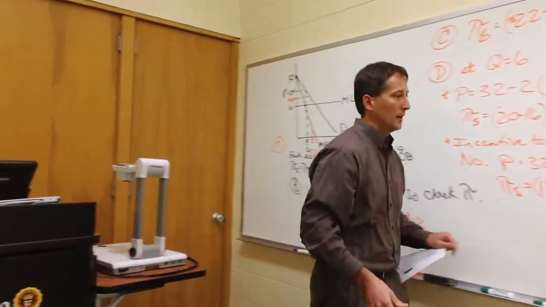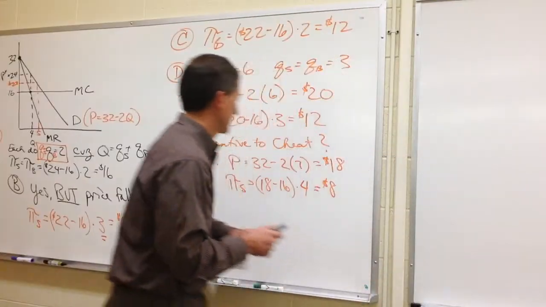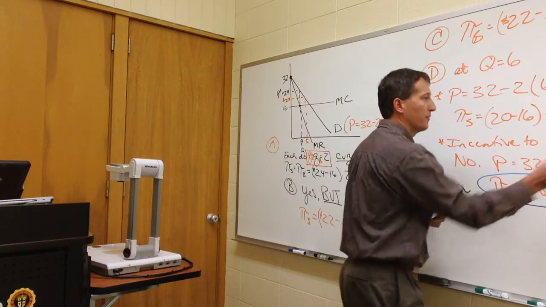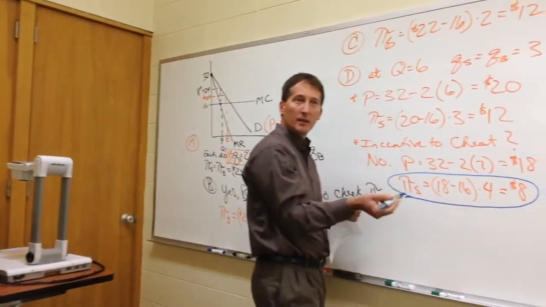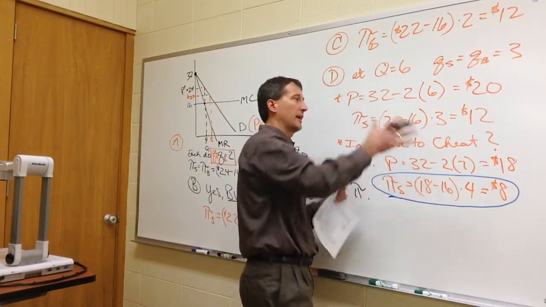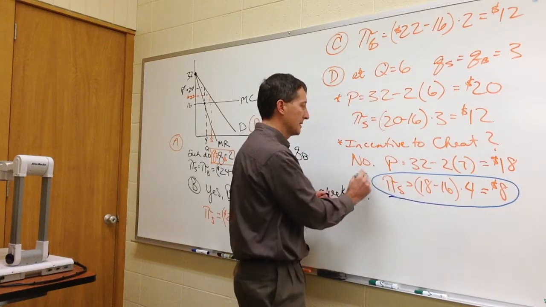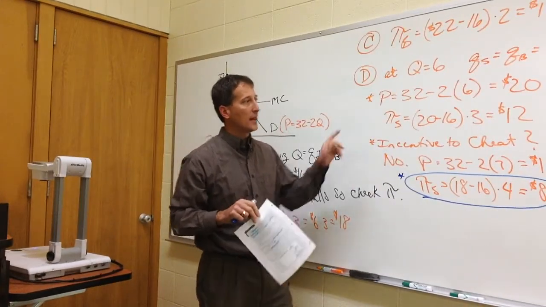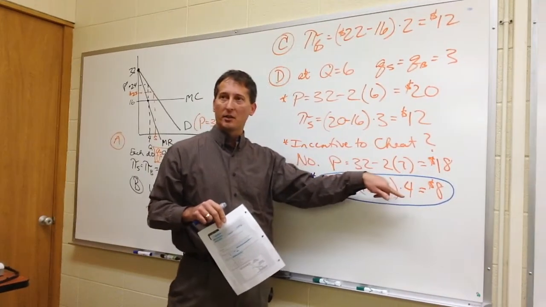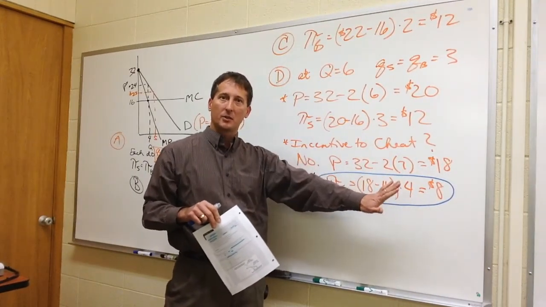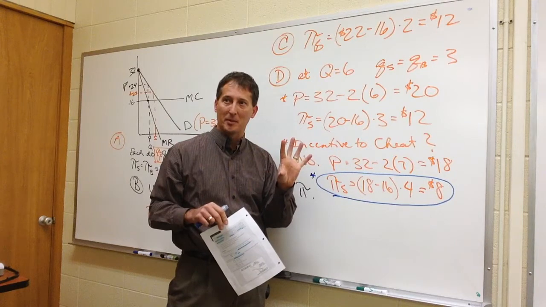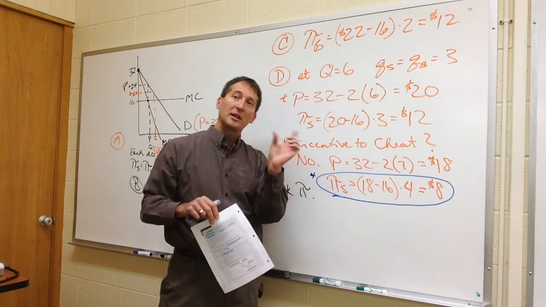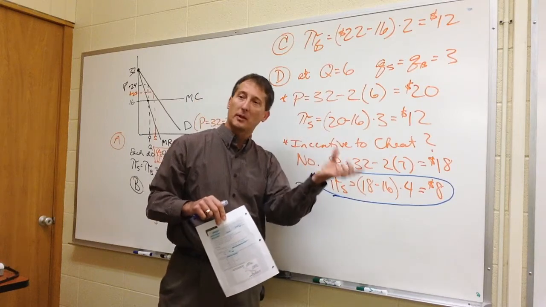So there's no incentive to cheat anymore because by cheating, profits fall, right? So we're just carefully looking at the incentive to cheat, whether it exists or not, because their individual behavior holding the other one's constant, which is the Nash way of doing it, remember, does either firm want to change their answer, taking as given what the other one's done?